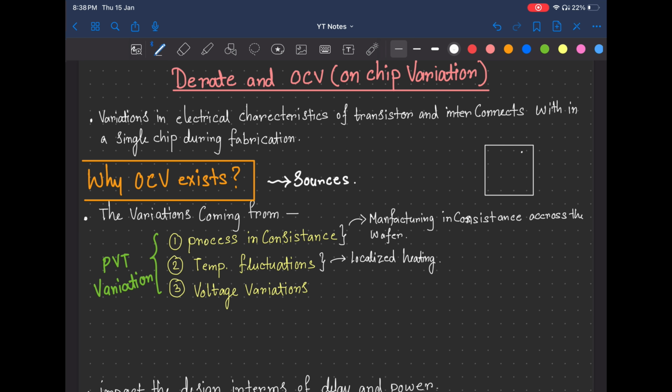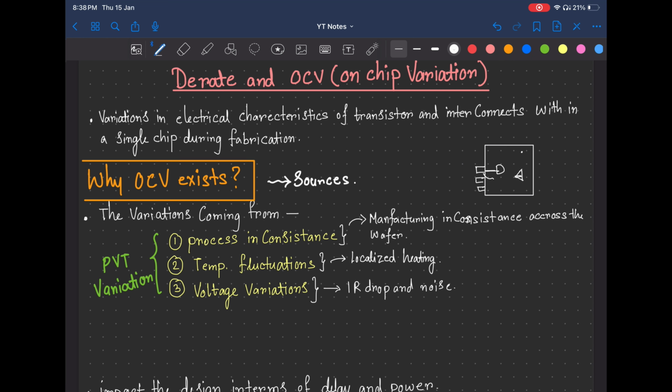Similarly, voltage variation can happen because of IR drop and noise. How? Suppose this is your power pad, and this is one cell and this is another cell. This cell is near the power pad, so whatever voltage the cell needs, suppose 1 volt, because of its proximity this cell will get the proper 1 volt for operation.